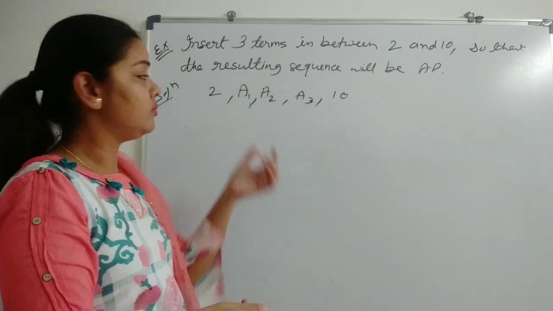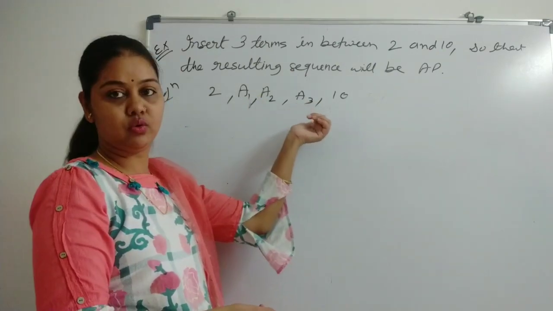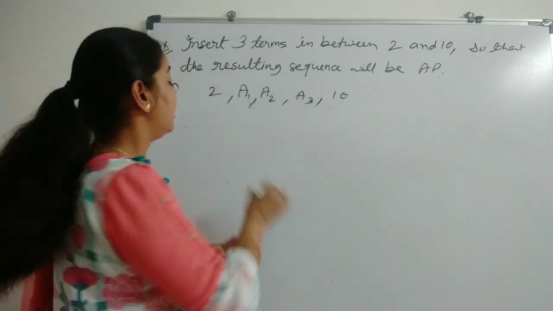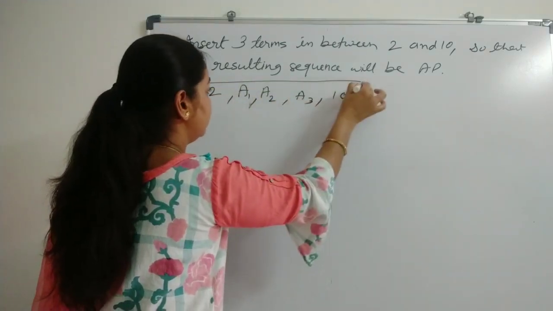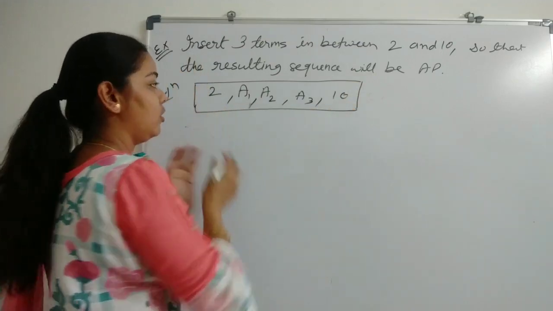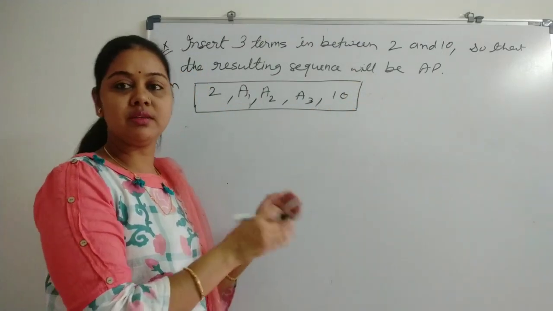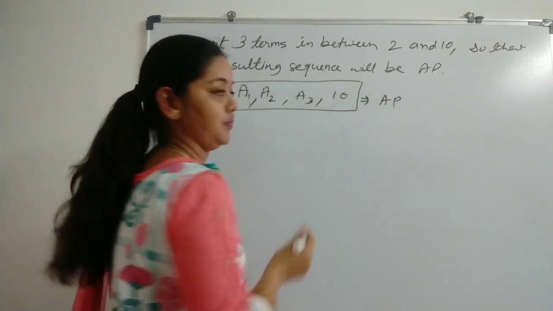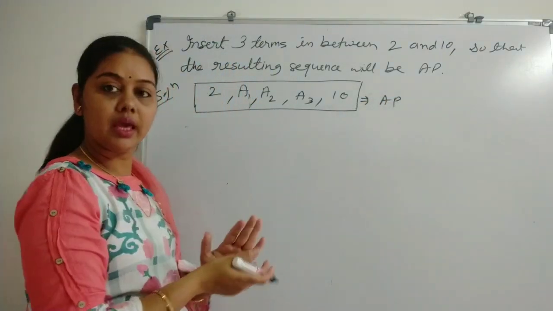We have entered 3 terms a1, a2 and a3 between 2 and 10. Now, according to the question, these 3 terms and 2 already given terms, all these 5 terms are now in AP.